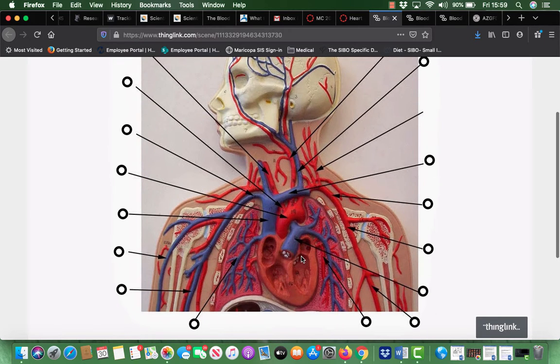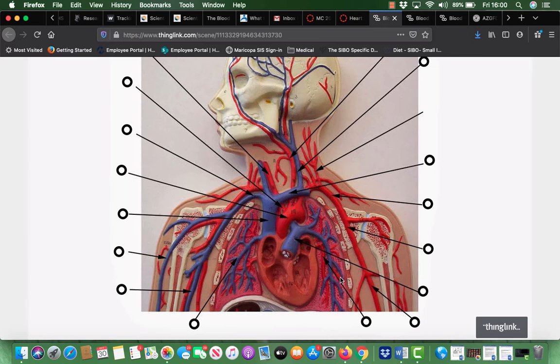Then we're going to have what's called the pulmonary circulation. The pulmonary circulation is the set of vessels that carry the deoxygenated blood, starting with the pulmonary trunk, branching into the pulmonary arteries, carrying that deoxygenated blood away from the heart into the lungs, right?